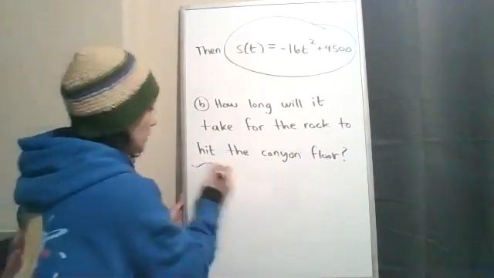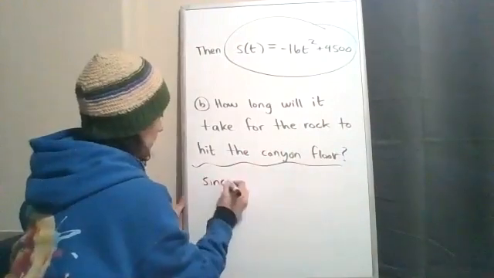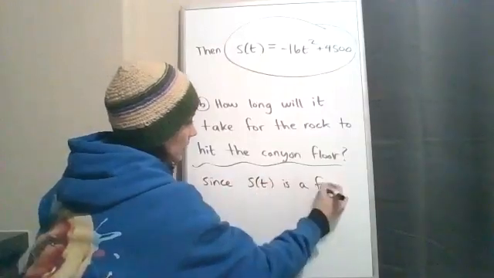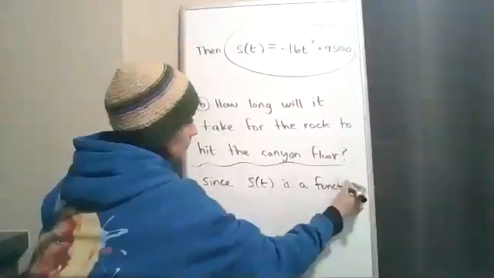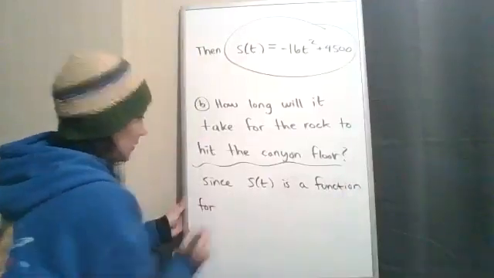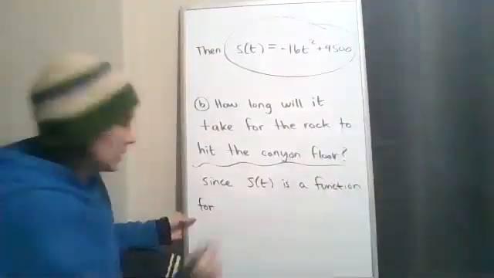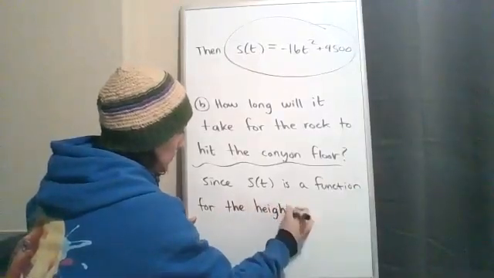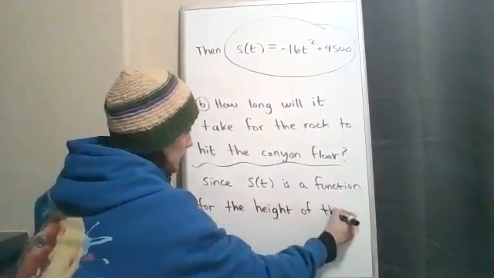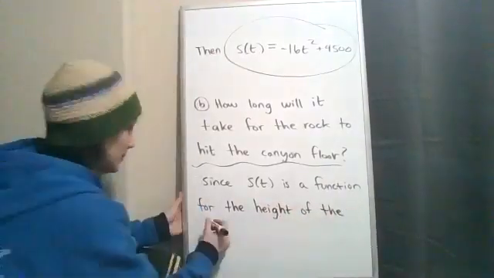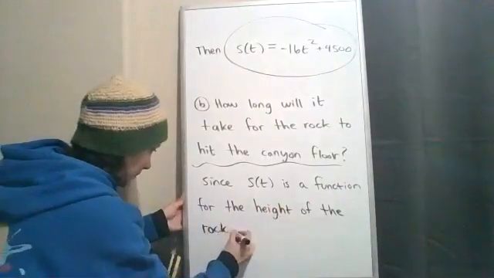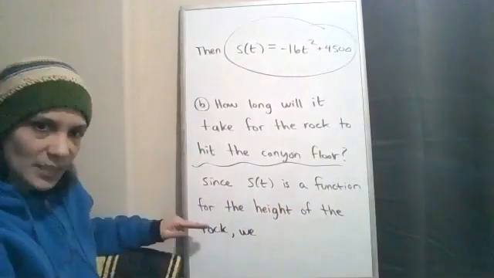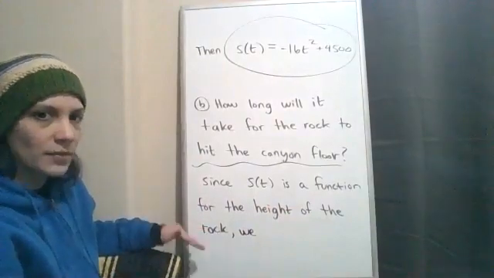Okay, since s of t is a function for the height of the rock, we want it to hit the floor, so we want that height to be 0. We want s of t equal to 0.